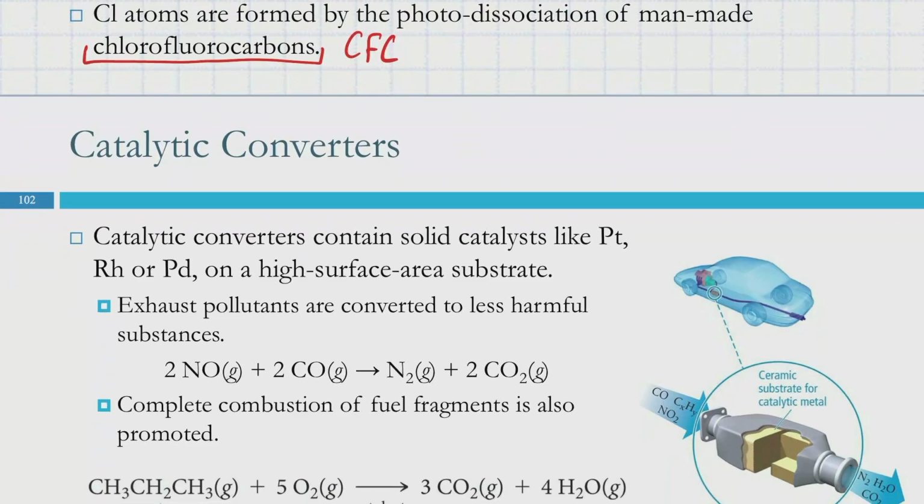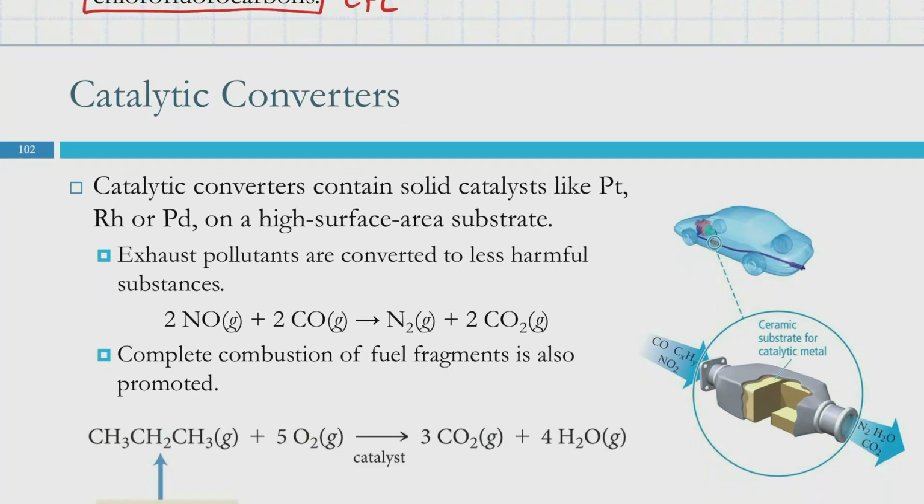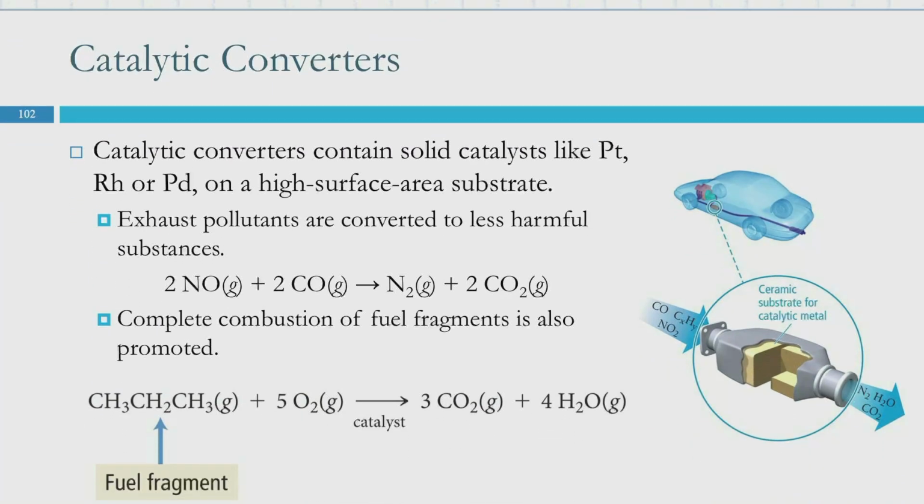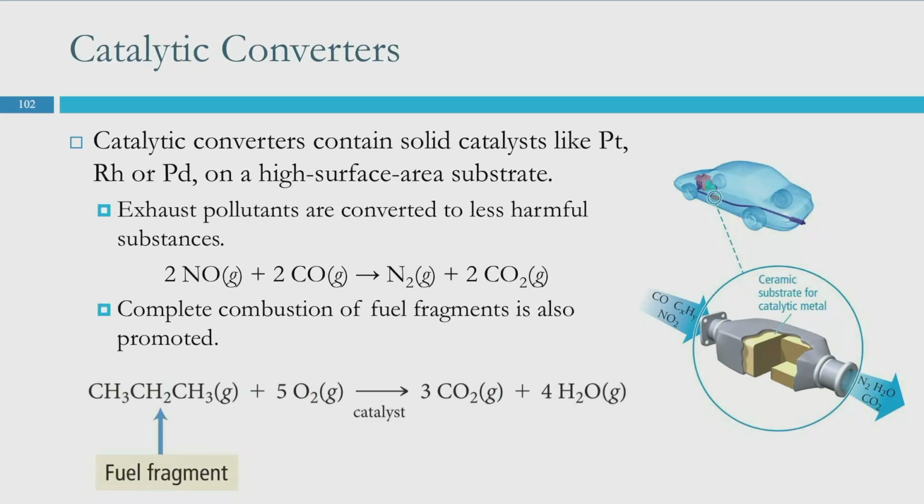Catalytic converters also use catalysts. This is a different style of catalysts. So these catalysts that are in your catalytic converters, things like platinum, rhodium, and palladium, expensive metals. That's why people steal catalytic converters and sell them for scrap metal.